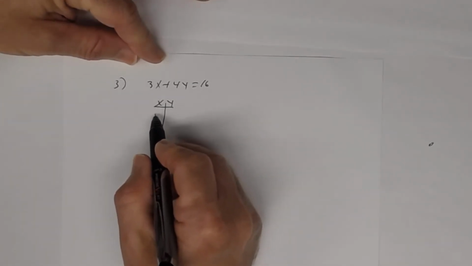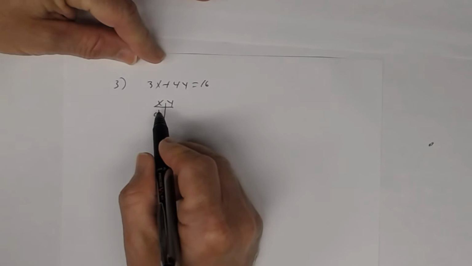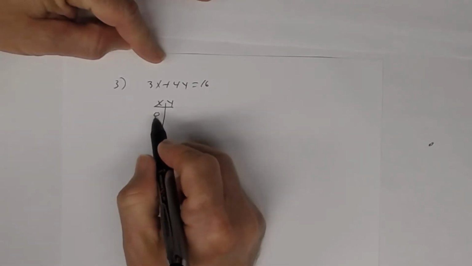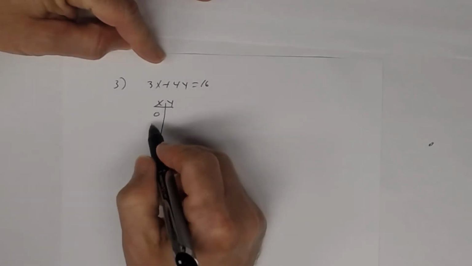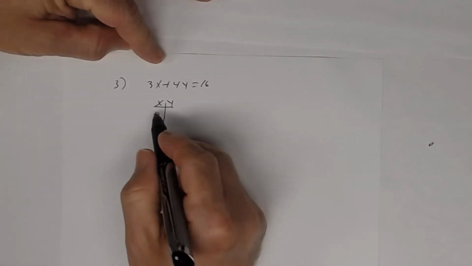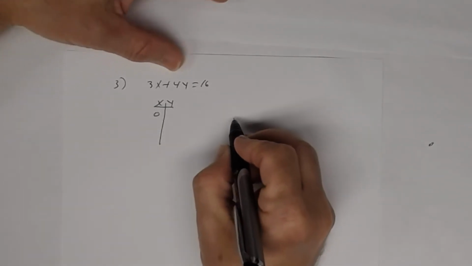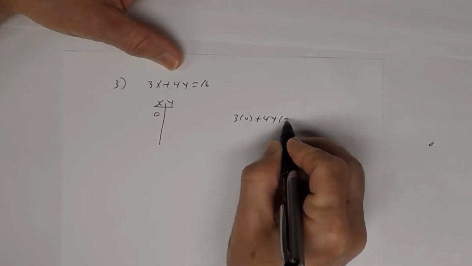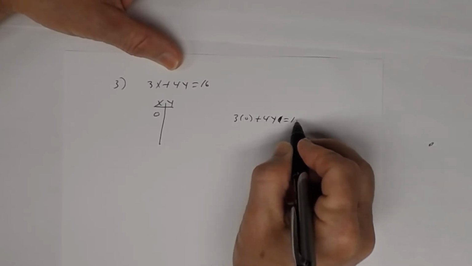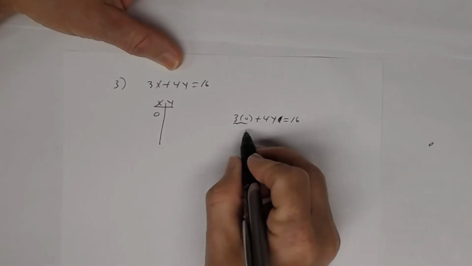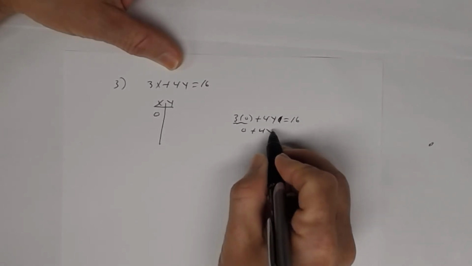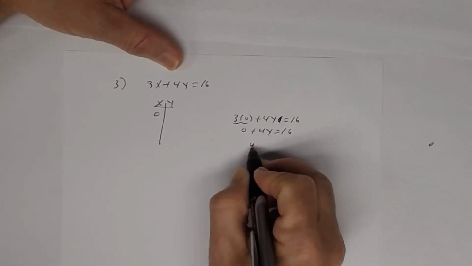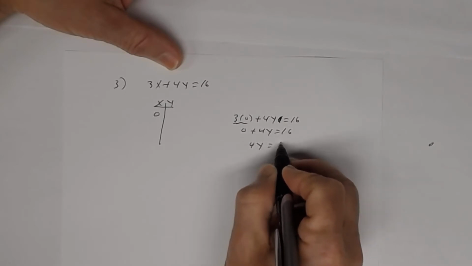If you let x be 0, and most students start with x because that's the first column, x. If x is 0, we get 3 times 0 plus 4 times y equals 16. 3 times 0 is 0. 0 plus 4y is 4y. 4y equals 16.